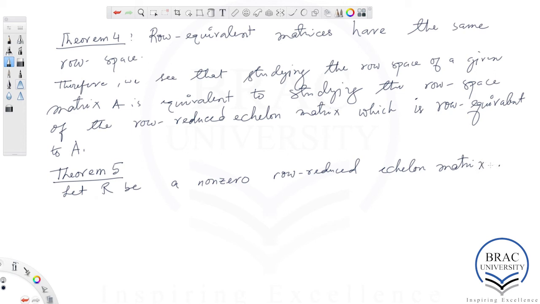Then the non-zero row vectors of R form a basis for the row space of R.